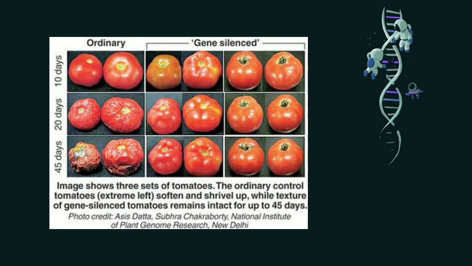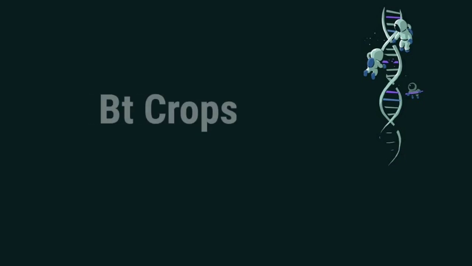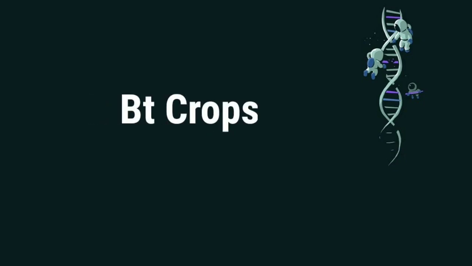After 45 days, ordinary tomatoes began to rot and became unfit for consumption, whereas the Flavr Savr ones did not change much. So this clearly shows the silencing of the polygalacturonase gene using genetic engineering helps in minimizing post-harvest crop loss.